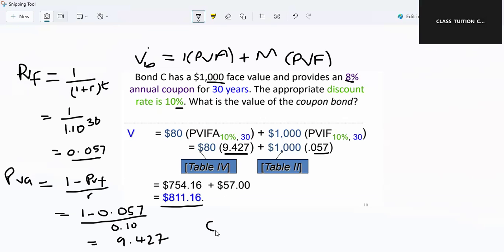Then there's what we call the current yield. The current yield is simply given by the coupon value over the value of the bond times 100. So in this case, what was our coupon value? It was 80. And the value of the bond that we found is 811.16. So what are we getting as our current yield?